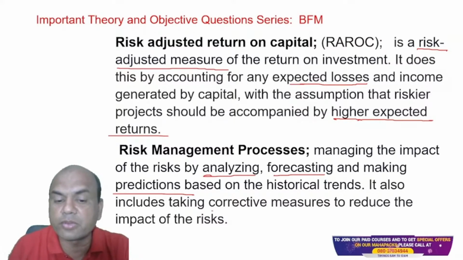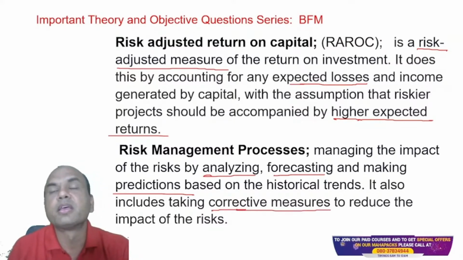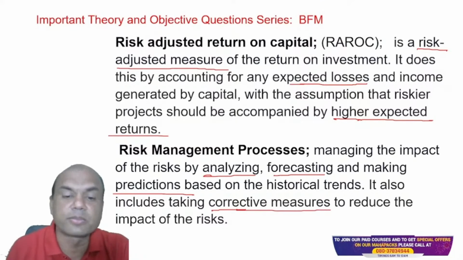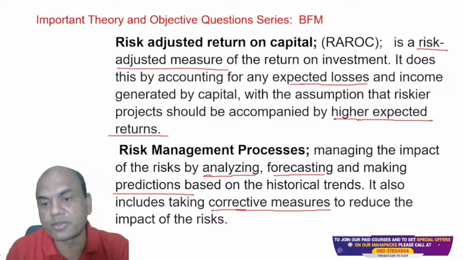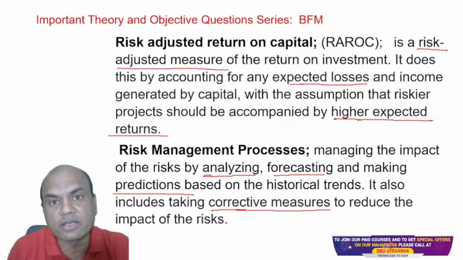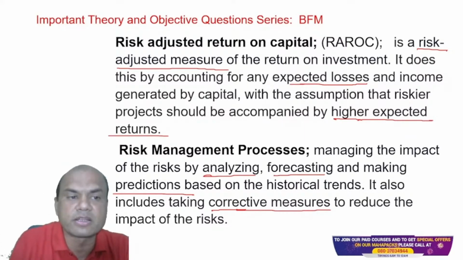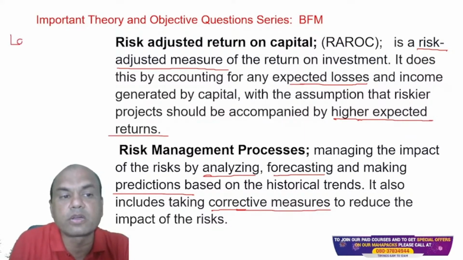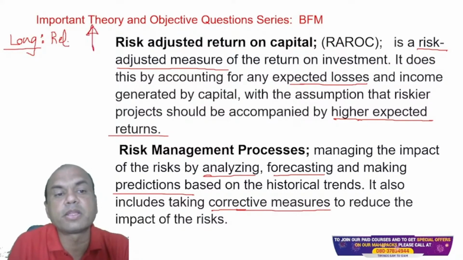What do you mean by corrective measures over here? Suppose, as in the earlier example, if I am buying a Reliance share, then I must buy a put. This is called a long position. Long means, suppose I buy a Reliance share at 2500 expecting it to go up. So this is my long position.